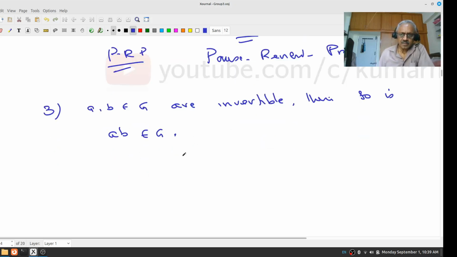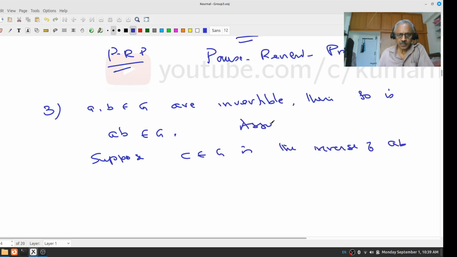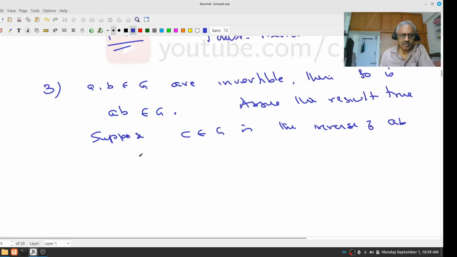So suppose C in G is the inverse of AB. Assume the result true. Then there exists one inverse of this element AB. Call it C, and it's unique. Then what should I have?